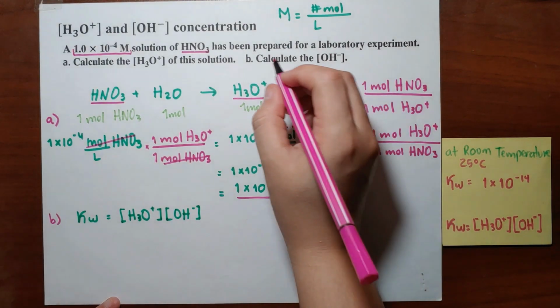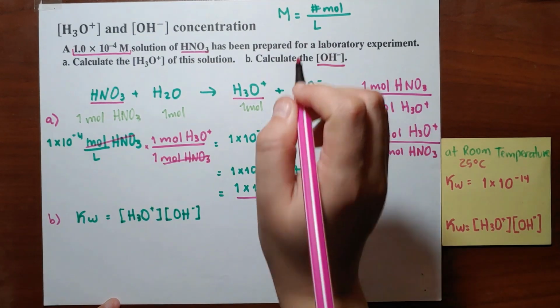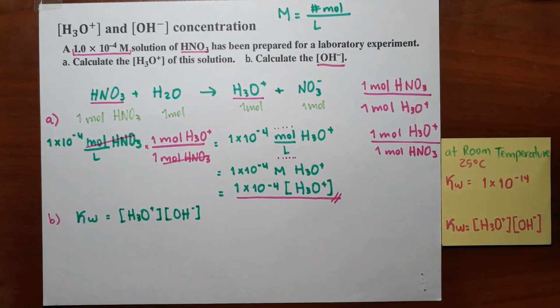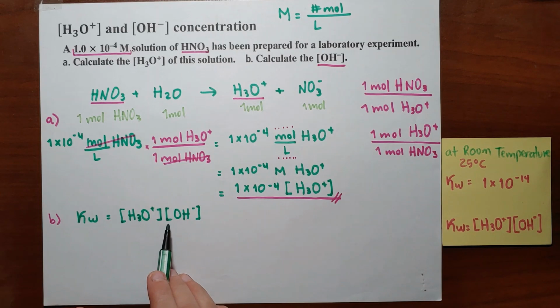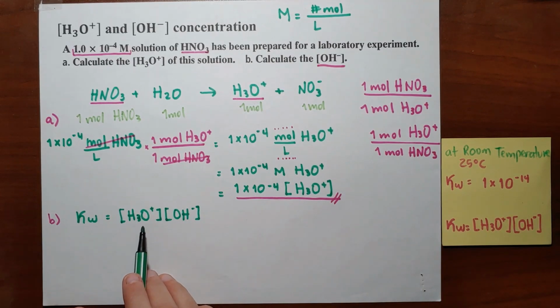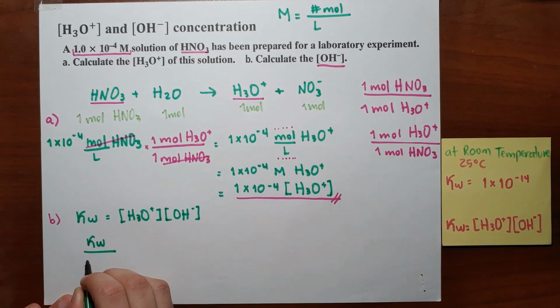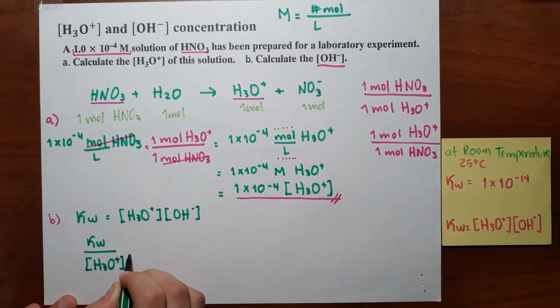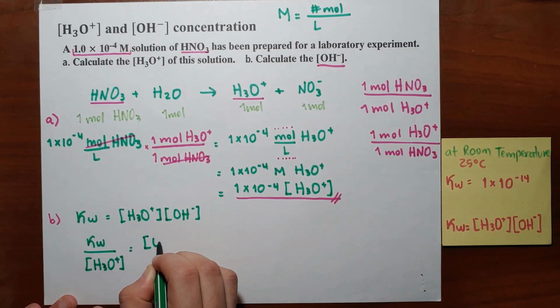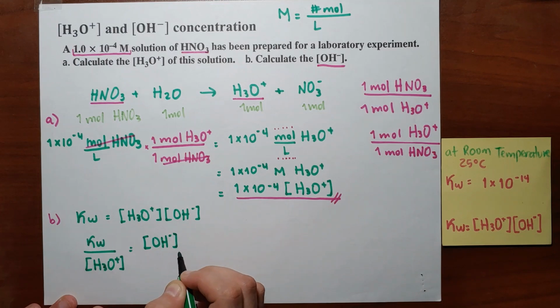We need to calculate OH minus, okay? So, this multiplies my hydroxide ion, so it's going to be sent to the other side to divide. So you'll have KW divided by hydronium ion concentration equals hydroxide ion concentration.